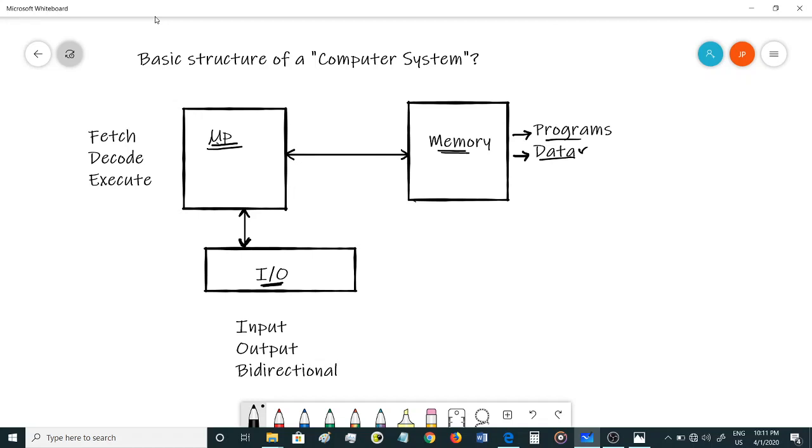The images and files that I make inside them are your data. So everything that goes into your memory can be classified as either a program or data.